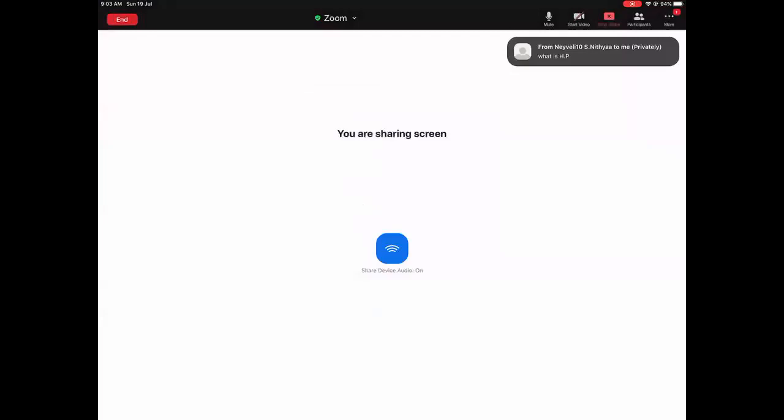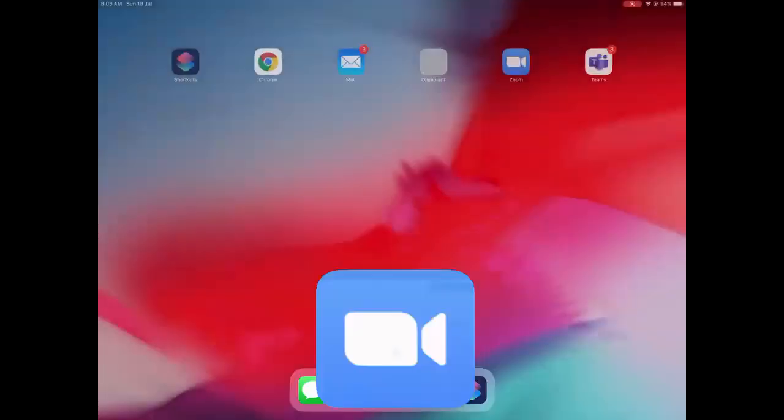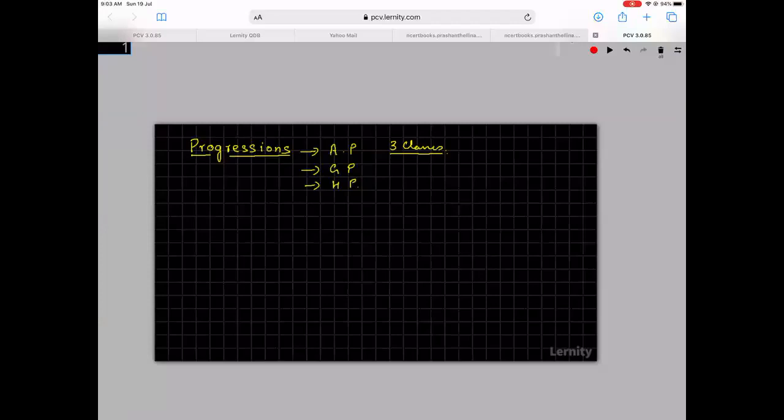What is HP? HP is harmonic progression. This is arithmetic progression, then you have geometric progression, and then you have harmonic progression.